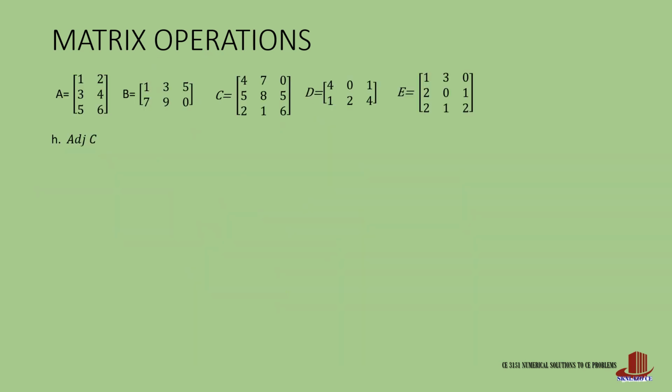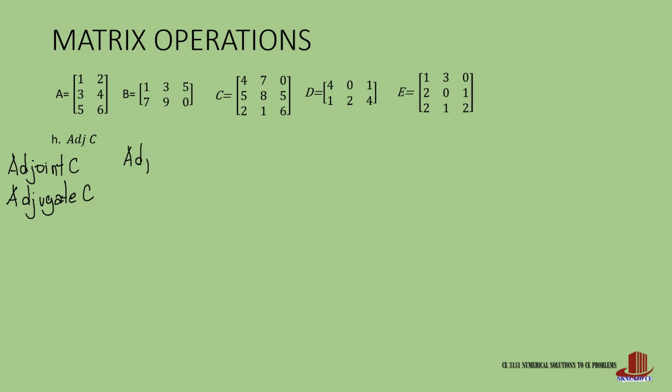Now let's take the adjoint of a matrix. The adjoint of a matrix would also be known as the adjugate. So adjoint C is the same as what you would find in other references as adjugate C. What would be our formula?